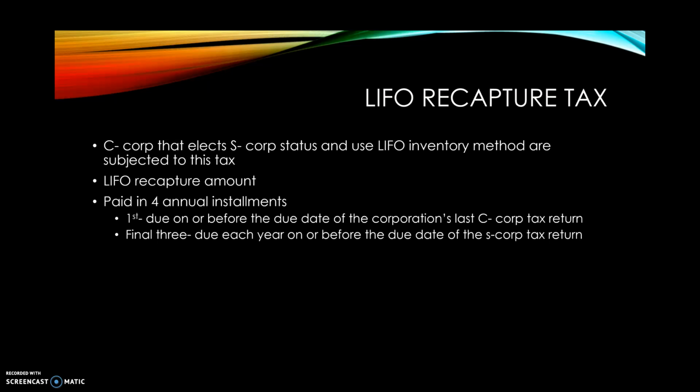Also, it will increase the corporation's adjusted basis in its inventory at the time it converts. This increased basis will lower the amount of net unrealized gains subjected to the built-in tax because, as previously mentioned in slides, adjusted property distribution less the adjusted basis is how we obtain the gain or loss for the built-in tax.